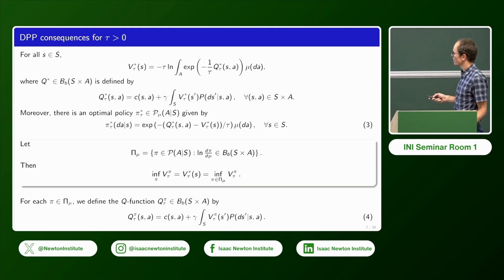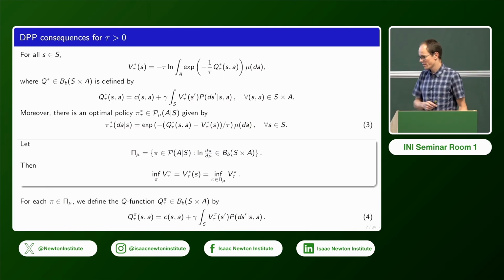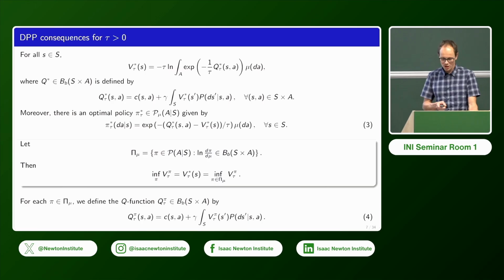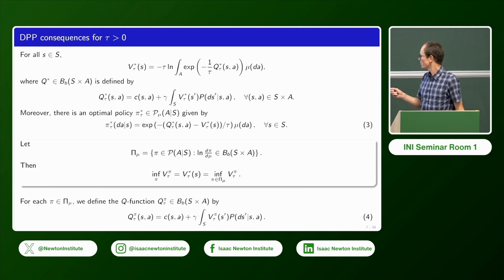Because the optimal policy is of this form, I take the log, the exponential is gone, and these are just bounded. So I know that the log density is a bounded function, so I can restrict myself to looking for optimal policies that have bounded log densities.